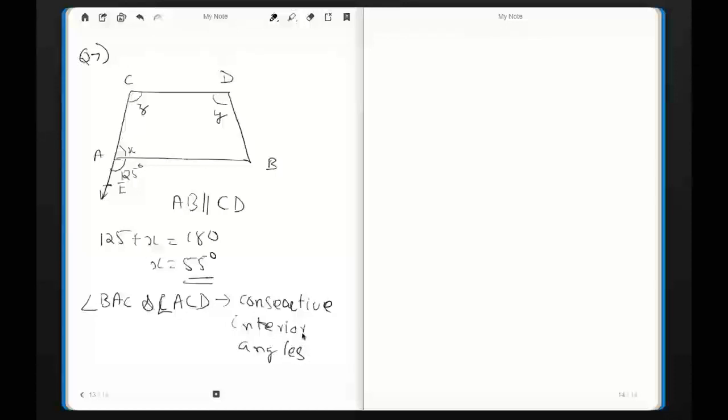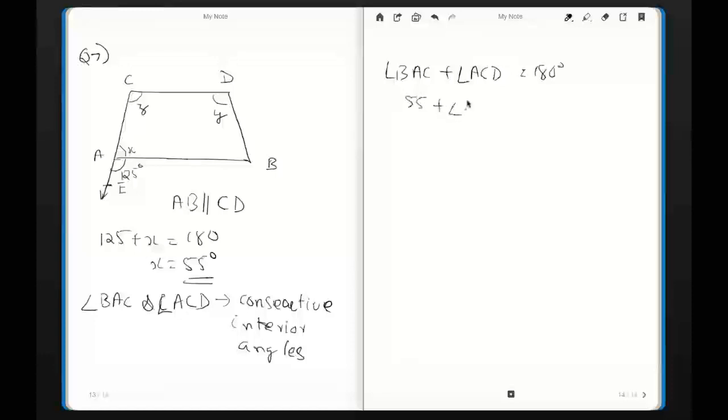Since they are consecutive interior angles, angle BAC plus angle ACD is equal to 180 degrees. Yes, definitely, right? And angle BAC is nothing but X, and X is equal to 55. So 55 plus angle ACD is equal to 180, and so angle ACD is equal to 125 degrees. Right? Perfect.